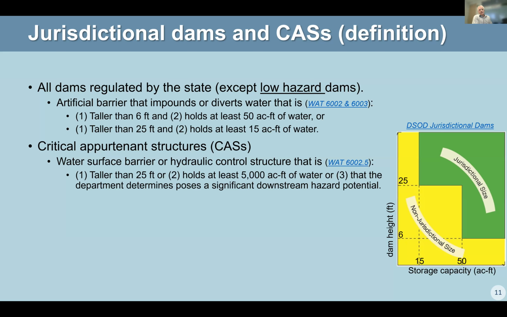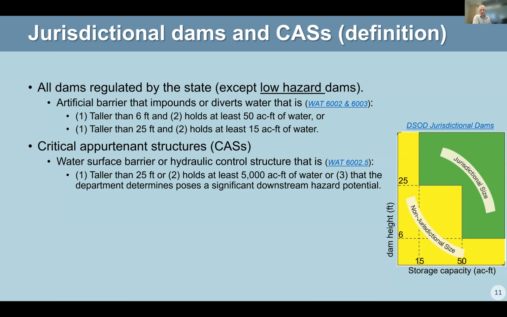But a critical appurtenant structure, I had to look this up when I first started. It's a fancy word, but appurtenant means belonging to. So these are structures that belong to the dam that also, if they hypothetically failed, could produce inundation downstream. And so a CAS has to be 25 feet or taller, or it has to hold at least 5,000 acre-feet of water.